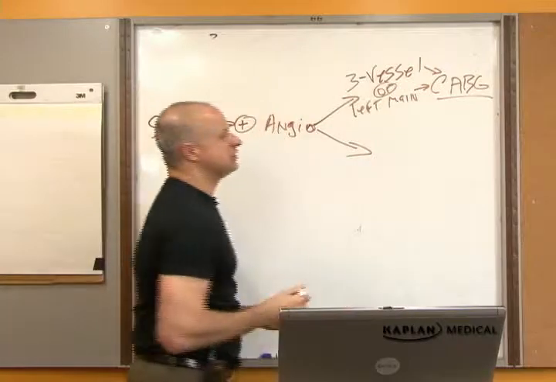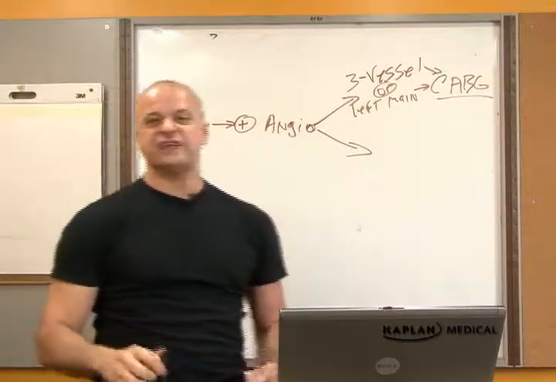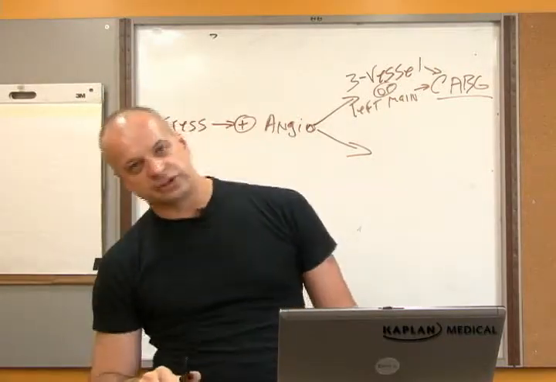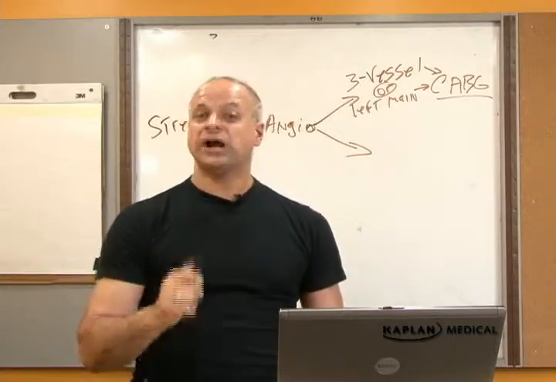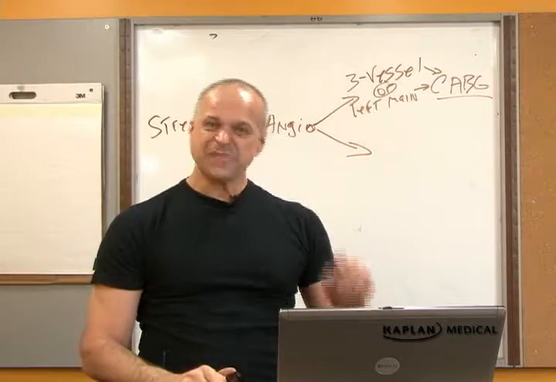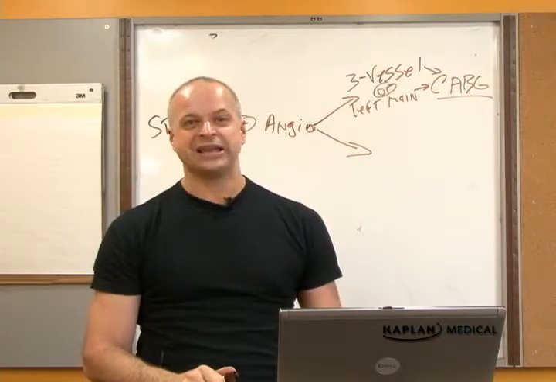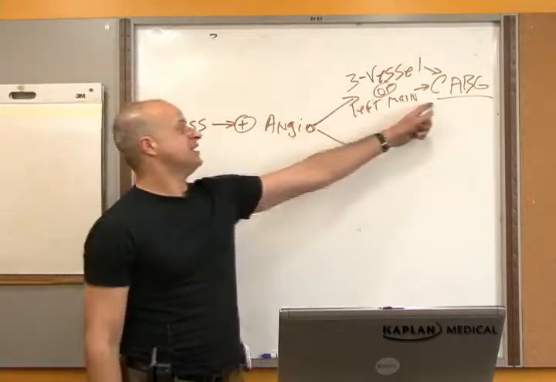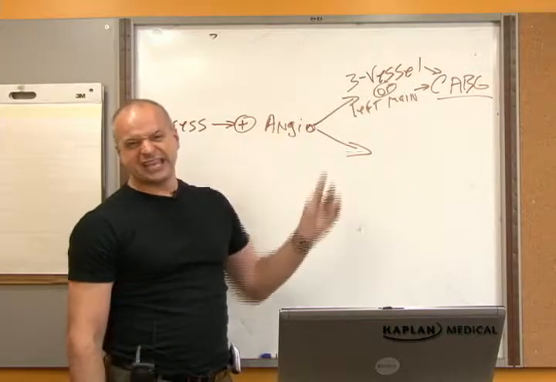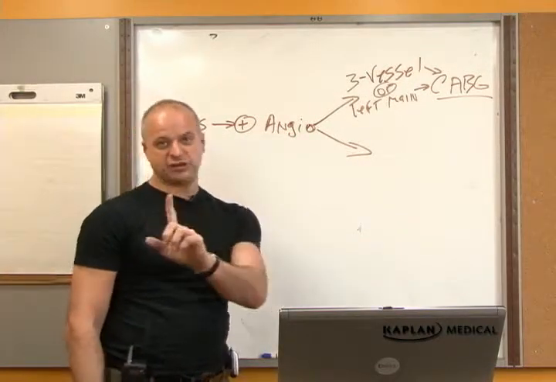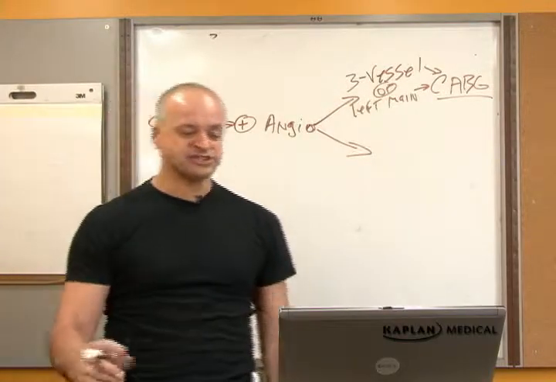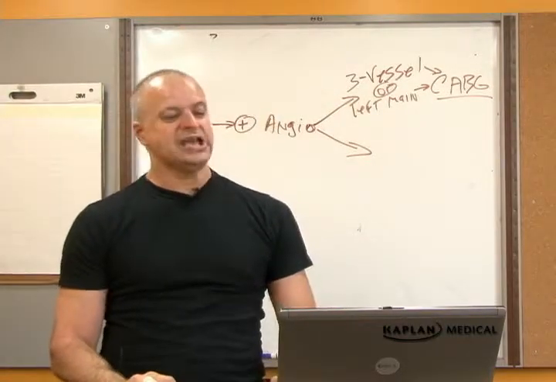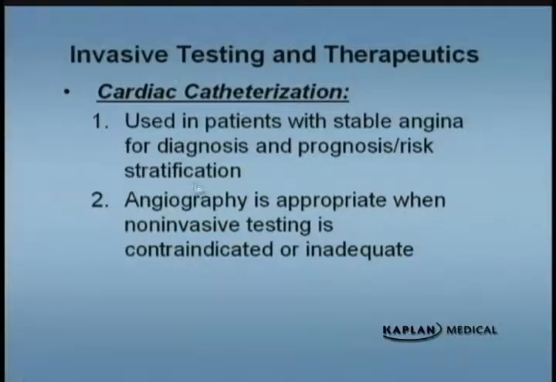How do I know? I can't tell it's 3-vessel or left main unless I get an angiogram. I can't tell unless I'm catheterized. So what's the point of being catheterized? I take people with positive stress tests and see if they need to be bypassed.